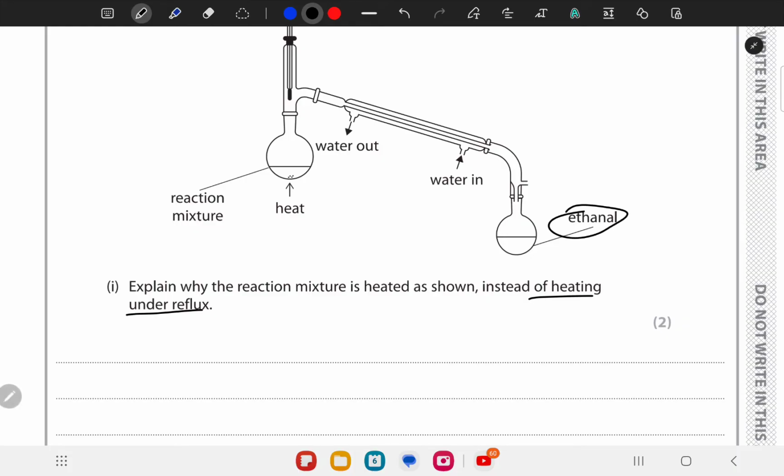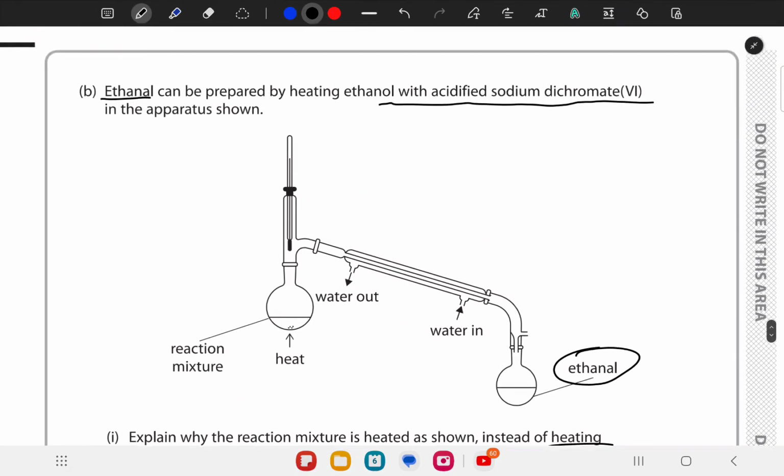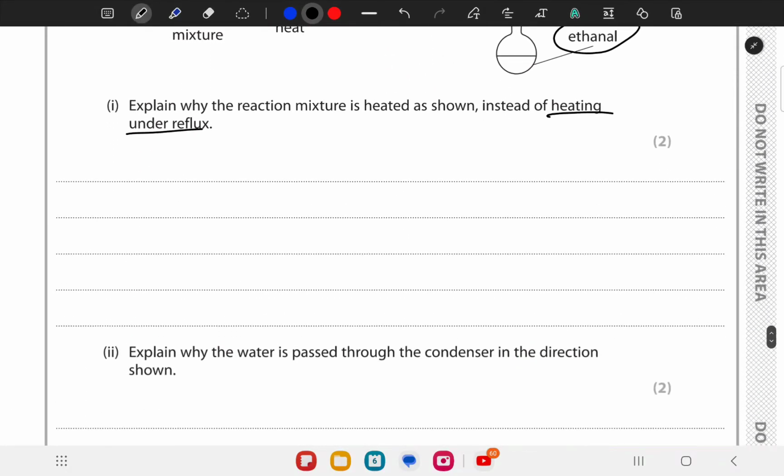This aldehyde over here, the ethanal, we use the distillation to remove this. If we were heating under reflux, the ethanal would return to the reaction mixture, which might have resulted in the formation of ethanoic acid, which we don't need in this case. So the distillation allows us to remove the product.